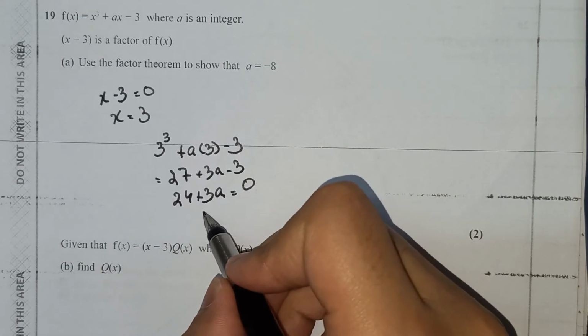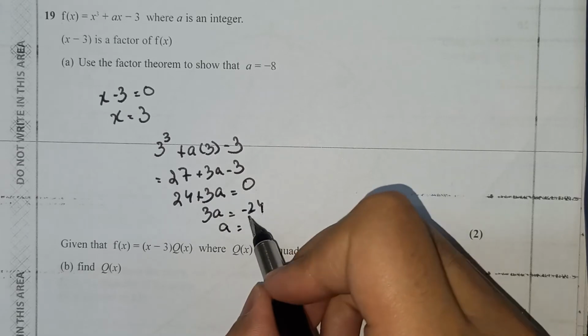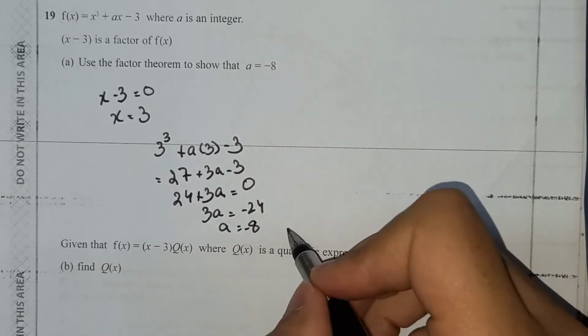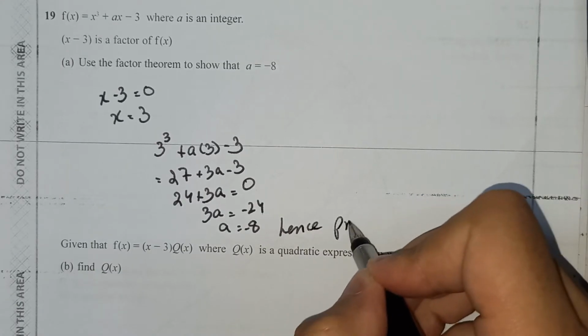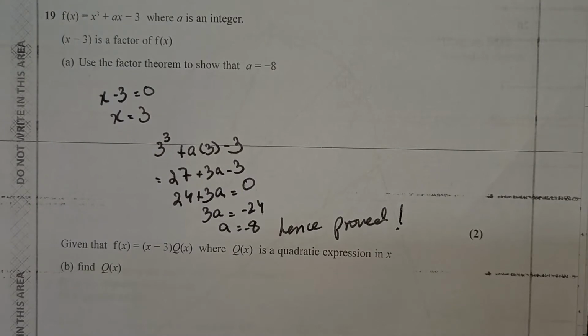So 3a is equal to minus 24 and a is equal to minus 24 divided by 3, which gives us minus 8. Hence, proved. We have proved our part a.